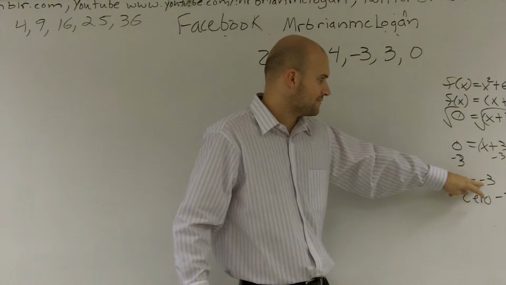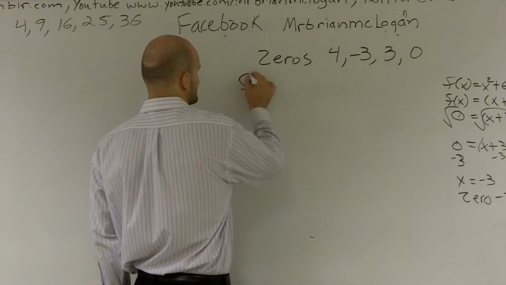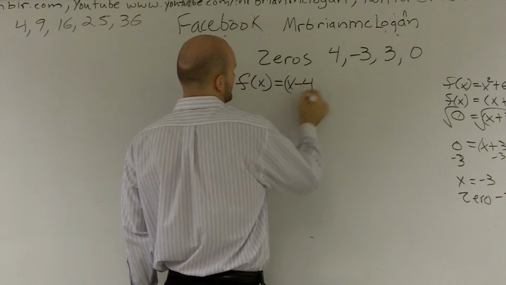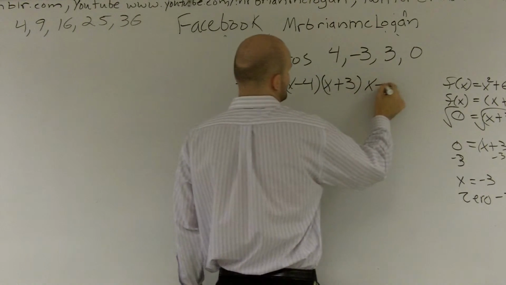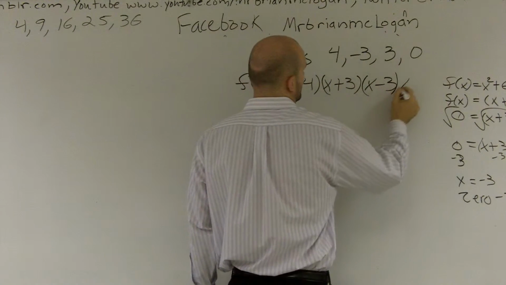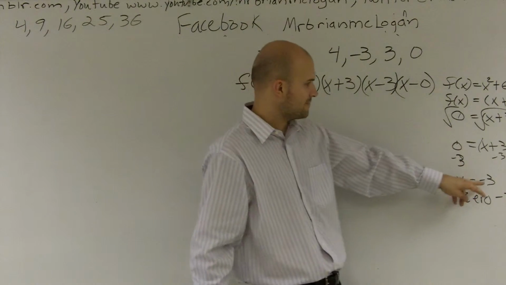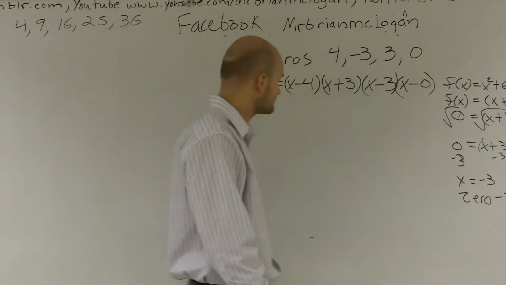Notice how this is a negative 3, but as a factor, it's positive 3. So when I write this as linear factors, I'm going to write f of x equals (x minus 4)(x plus 3)(x minus 3)(x minus 0). Again, notice how I got from a negative 3 to a positive 3, and so on.